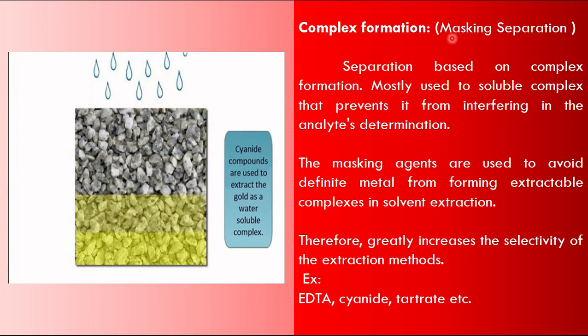We use masking agents like EDTA, cyanide and tartrate to mask the unwanted metals from the reaction process. For example, to extract gold, we use cyanide compounds. These cyanide compounds form water-soluble complexes with the gold, thereby we can easily separate the gold.